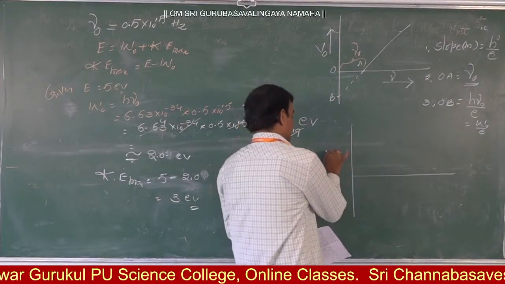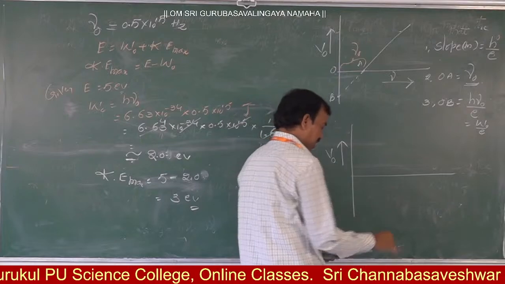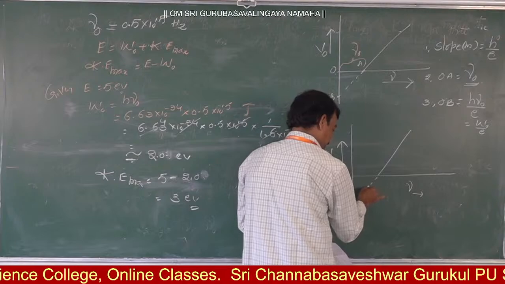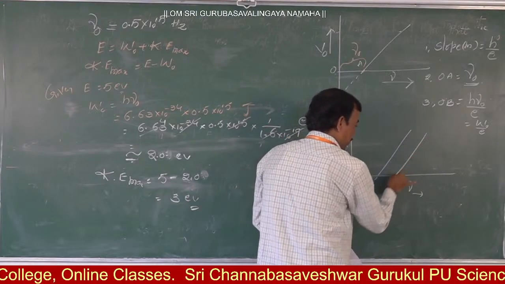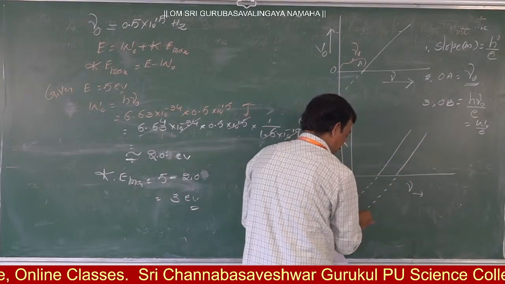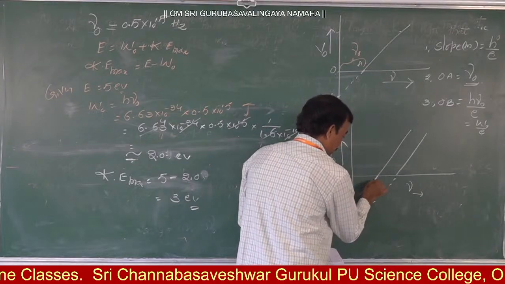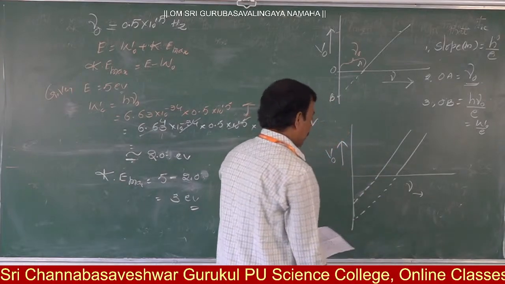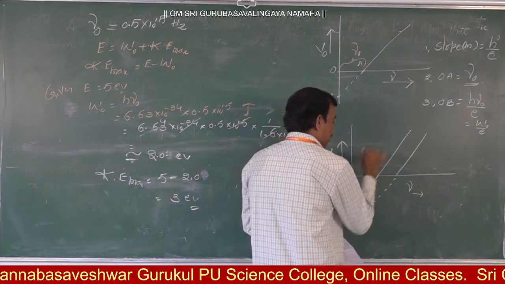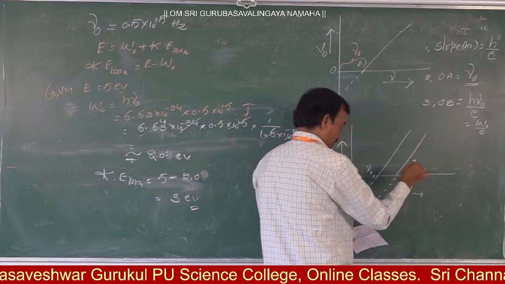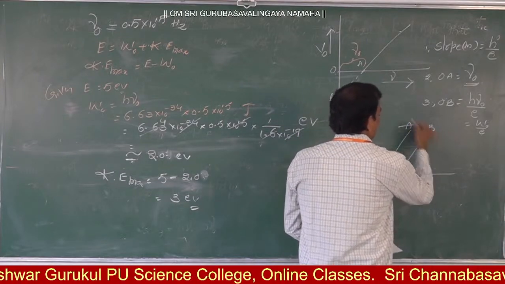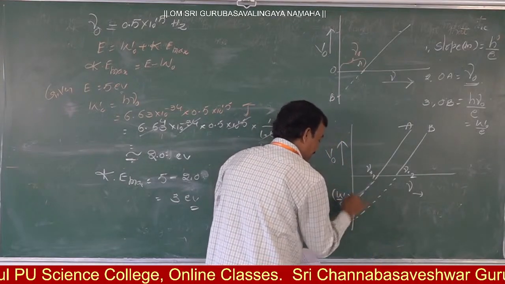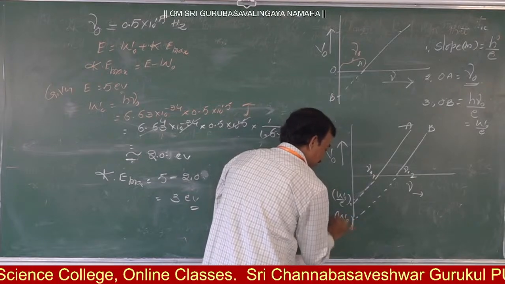Note: same V0 is on the y-axis, and nu is on the x-axis. So nu naught 1 is for metal A, and this is nu naught 2 for metal B. So this one is W naught by E1, and W naught by E2.